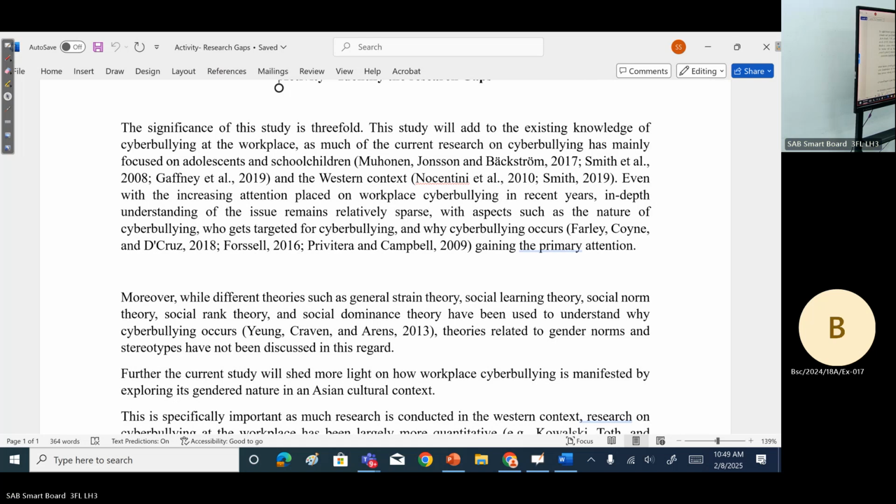Then the next paragraph, it's a knowledge gap again.